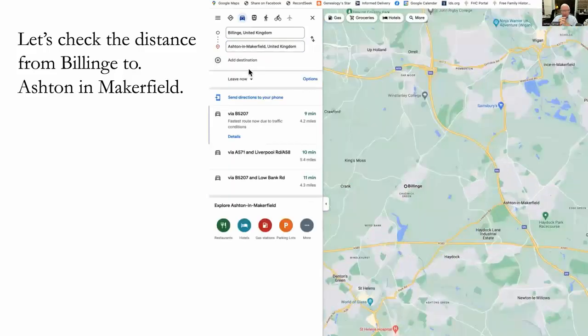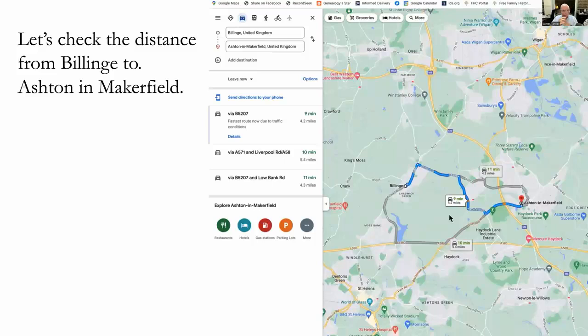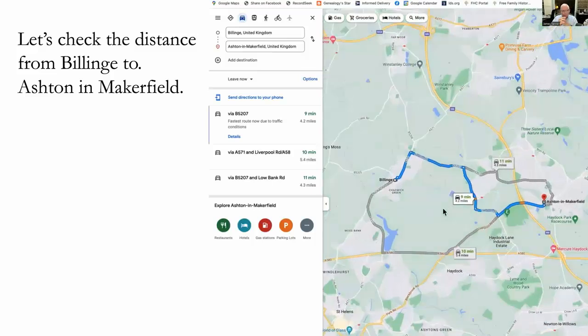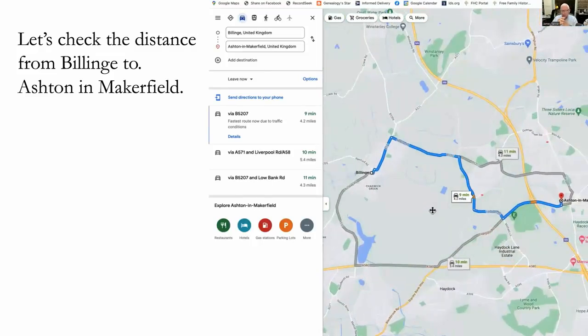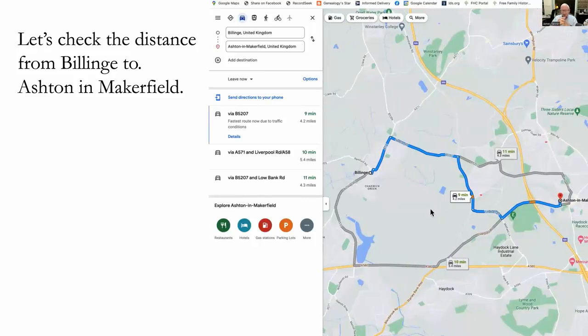Then we see it on the map, and we can see that it's about 4.2 miles, and it would take about 9 minutes in the car. This is the process that you go through. You go to Google Maps, or any of the other mapping programs, and just tell the distance and the time it would take to go that far.